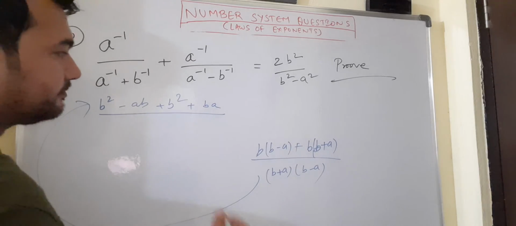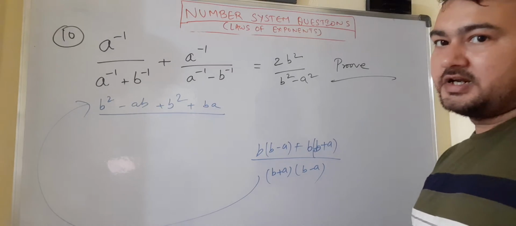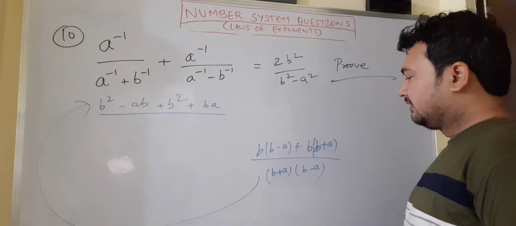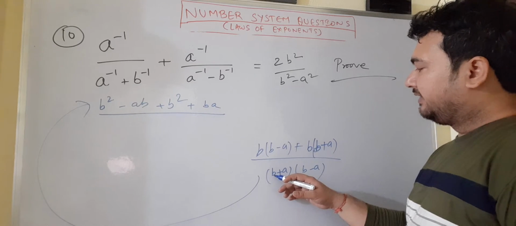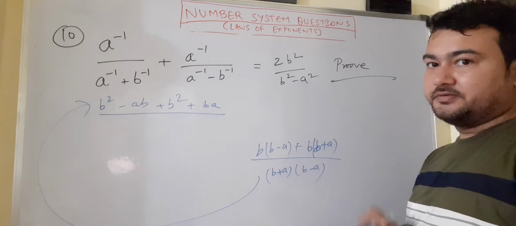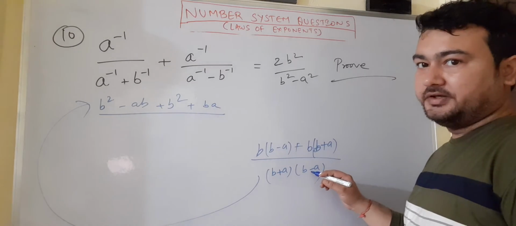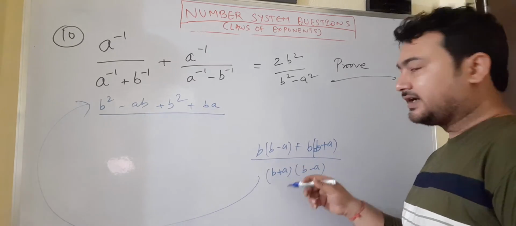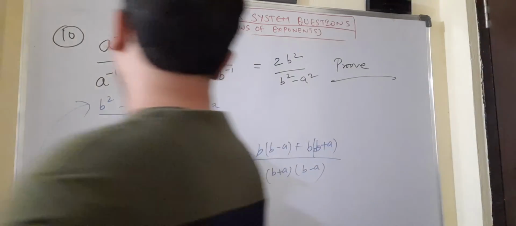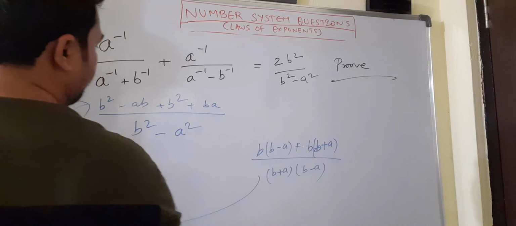It is A square minus B square. If one number is getting added with another number and it is being subtracted with the same number, then we get the square of the first number minus the square of the second number.